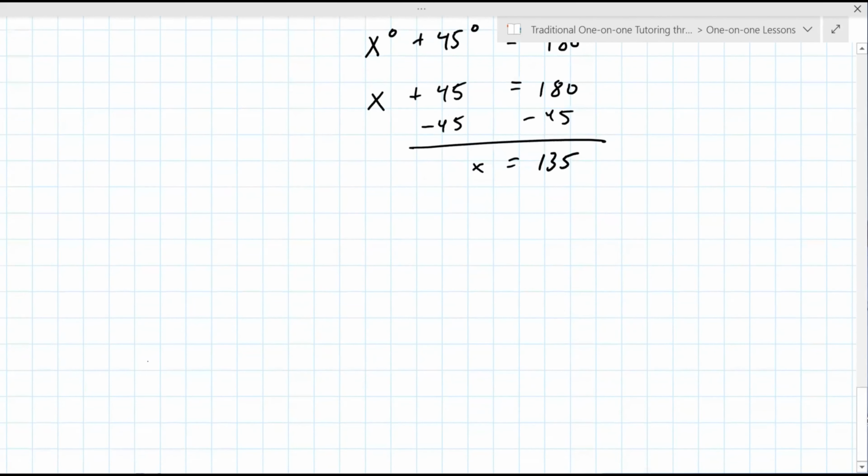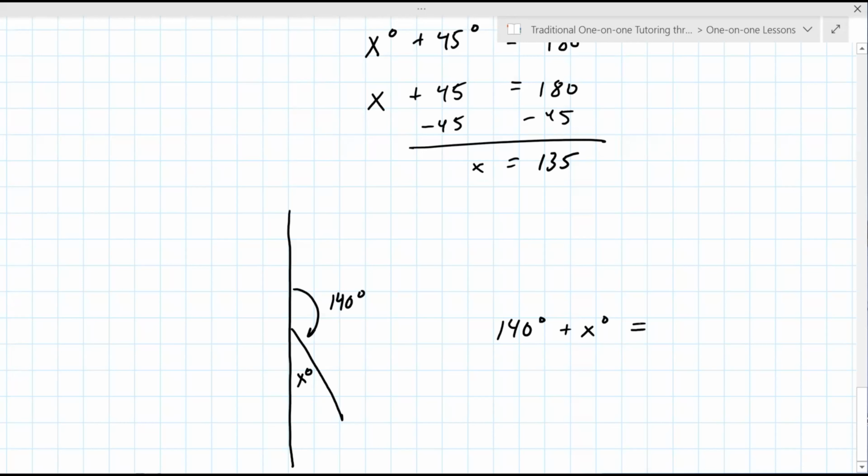So now let's do another problem. Here's another straight line. This is a straight angle. Let's say that I tell you that this angle right here is 140 degrees and I want the value of X. Well, what do 140 degrees plus X degrees have to add up to? What do these two angles have to add up to for a straight angle?